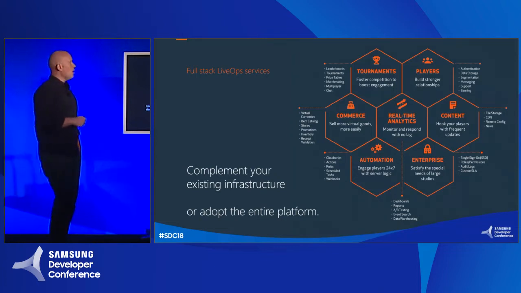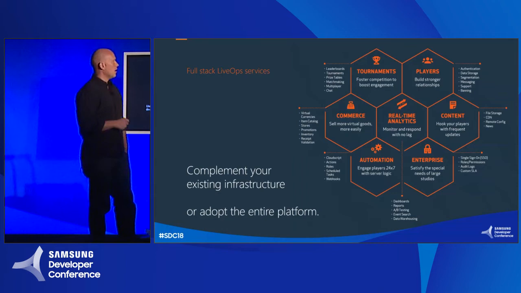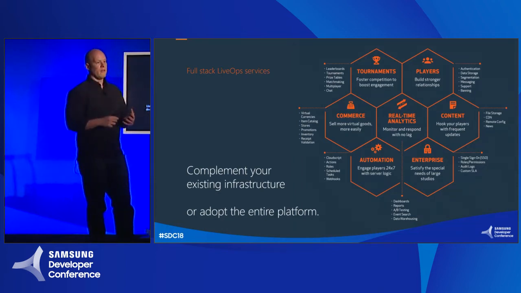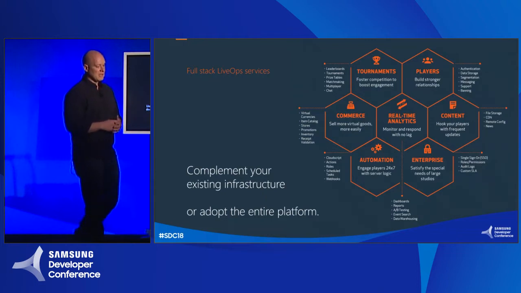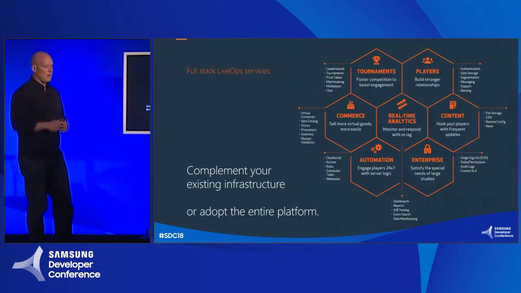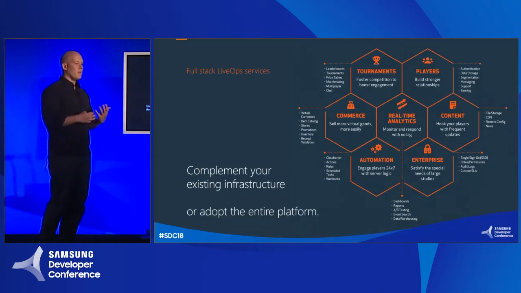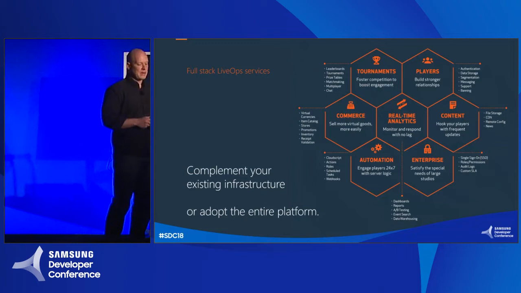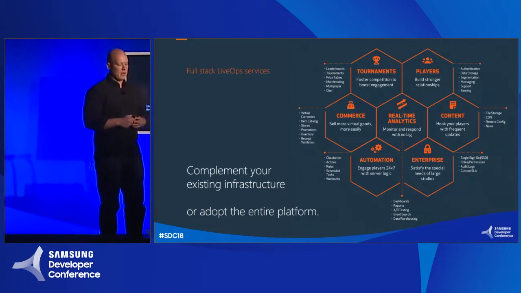The next thing is commerce, an area that's becoming even more popular now with things like virtual currency, in-app purchases, stores, and promotions: how you get your players to come back over time, how you get them to build up more impetus to come back to your game day after day.